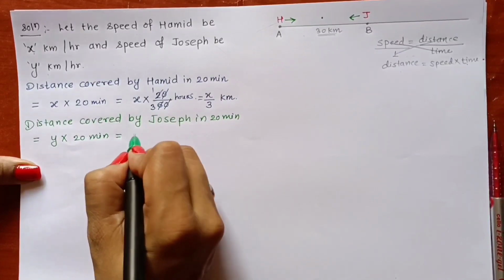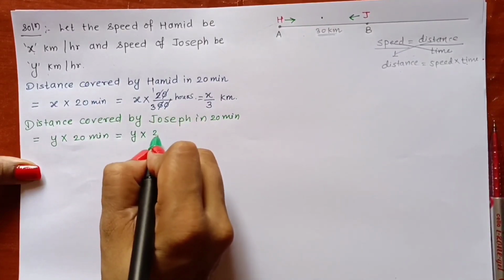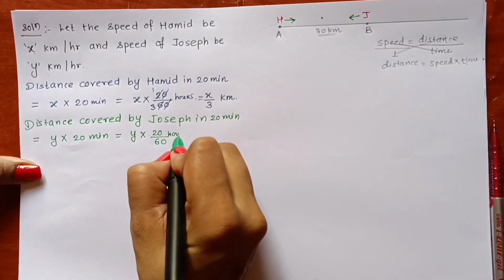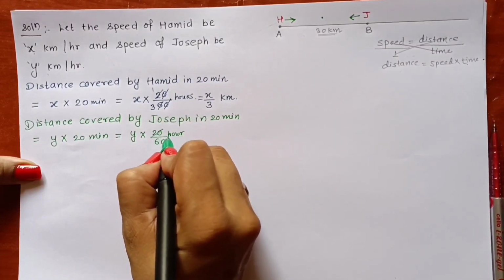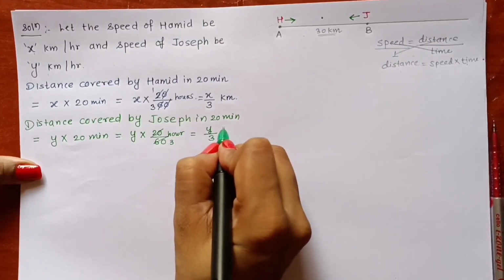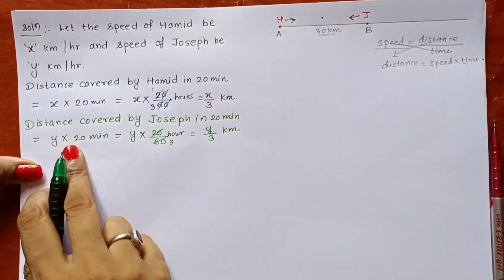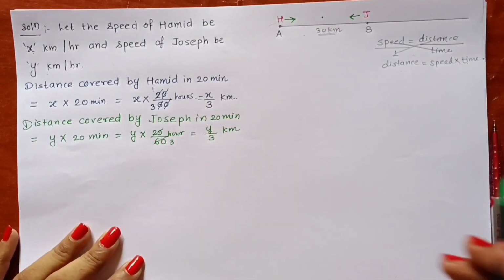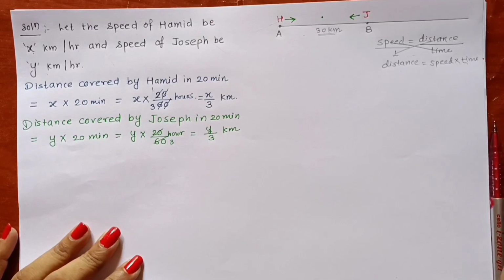As the speed is in kilometer per hour, we convert 20 minutes into hours, so it will be 2 1s are 2, 2 3s are 6, 1 upon 3. It is y upon 3 kilometers covered by Joseph in 20 minutes and x upon 3 kilometers covered by Hamid in 20 minutes.